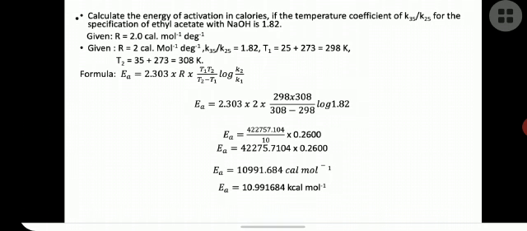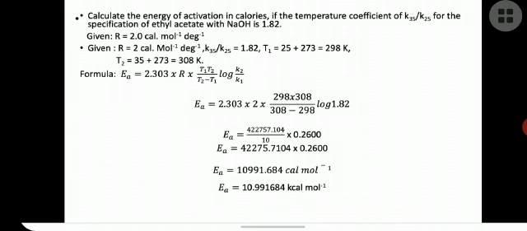Now, to determine the energy of activation, the formula is EA is equal to 2.303 into R into T1 T2 upon T2 minus T1 into log of K2 upon K1. Therefore, by substituting the above values in this formula, we get EA is equal to 2.303 into 2 into 298 into 308 divided by 308 minus 298 into log of K2 upon K1, which is 1.82.